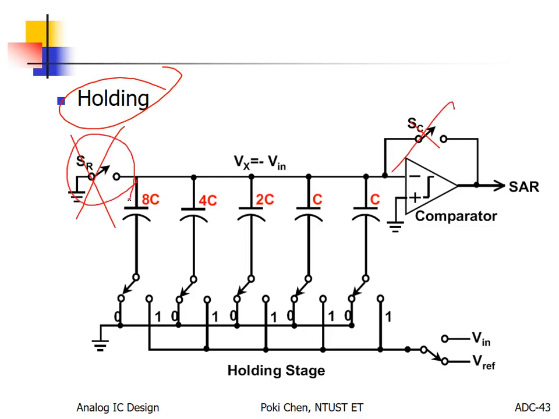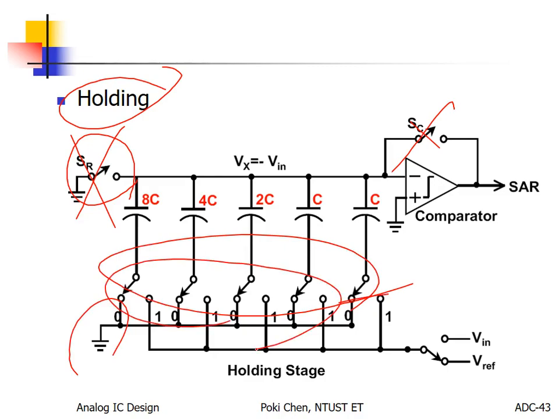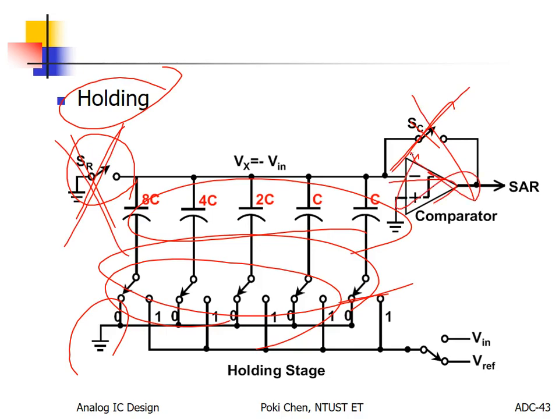After you open the switch, then you turn all the switches from the right to the left, to ground. During such switching, you don't have any path to discharge the capacitors, because it is open, and looking into the comparator, in theory, it has infinite resistance.